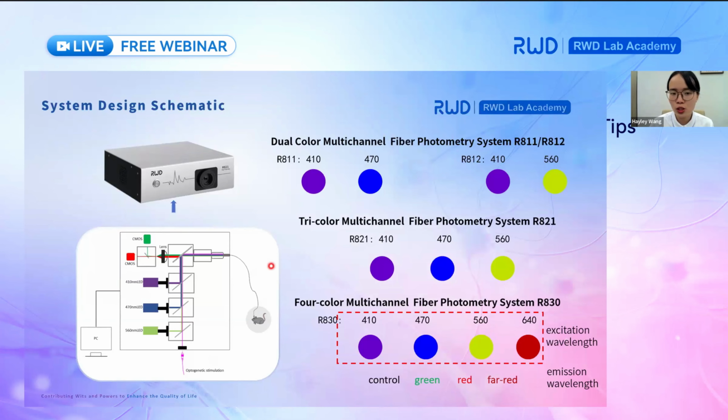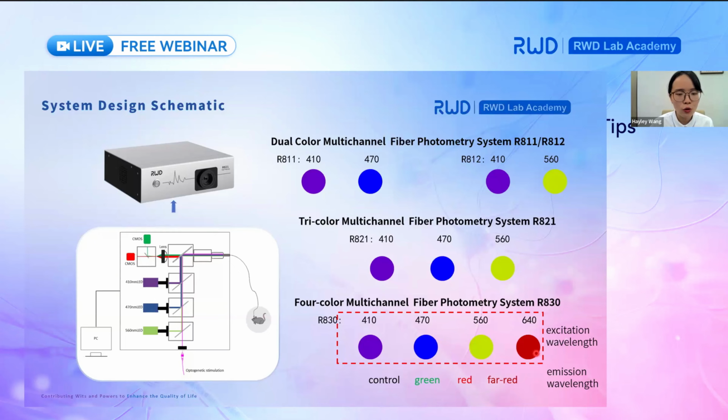During the signal acquisition, the excitation wavelength should be selected according to the indicator or sensor used. In general, 410 nanometer is commonly used as a control channel. 470 nanometer is used to excite green fluorescent signals, and 560 nanometer is used to excite red fluorescence signals.